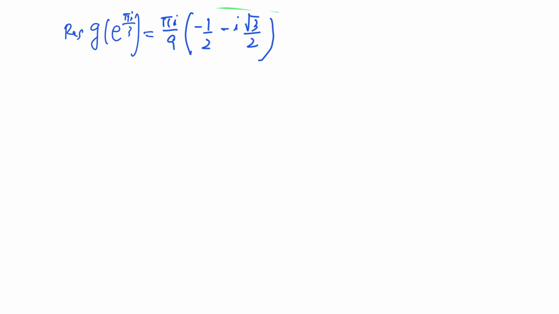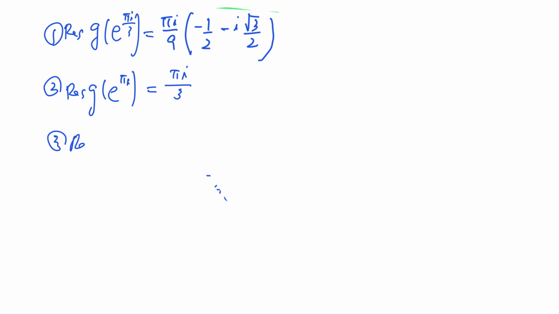That's number 1. Paste. Number 2, residue 3 pi I, right? 3 residue 3 exponential 2 pi I over 3. Oh no, 4 pi. No, 5.